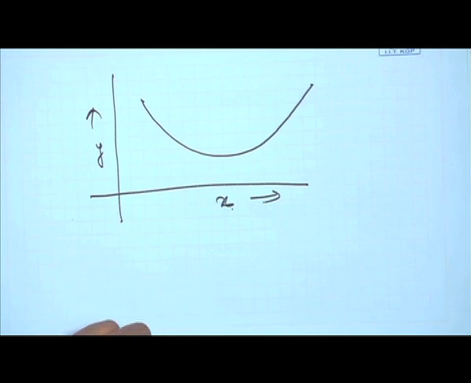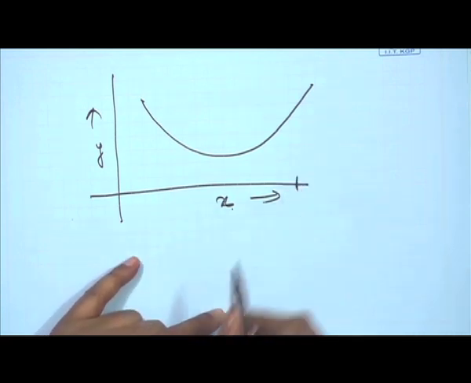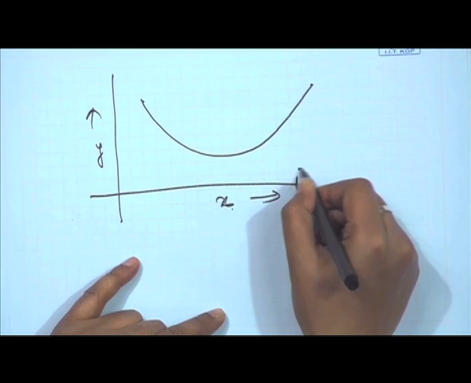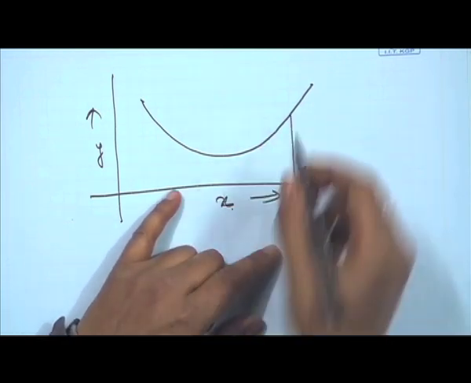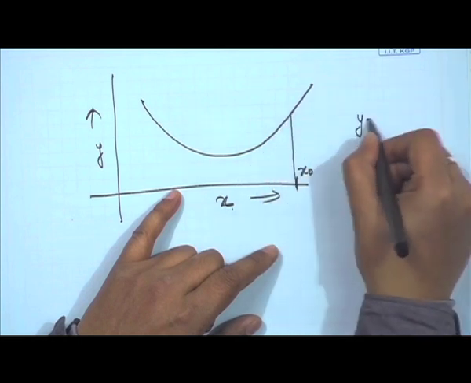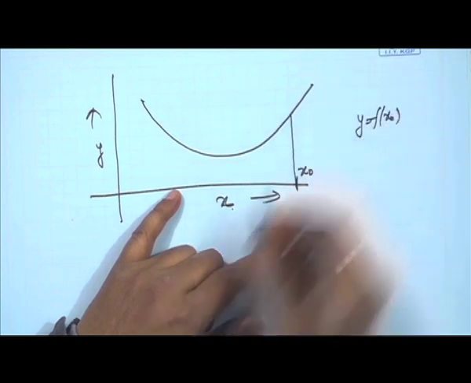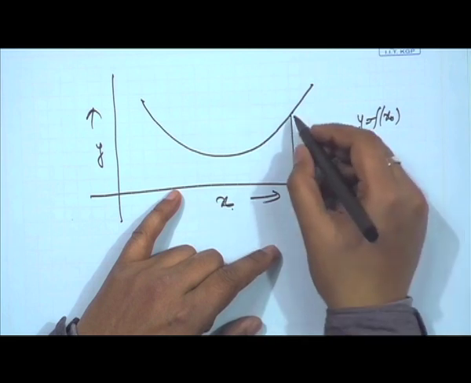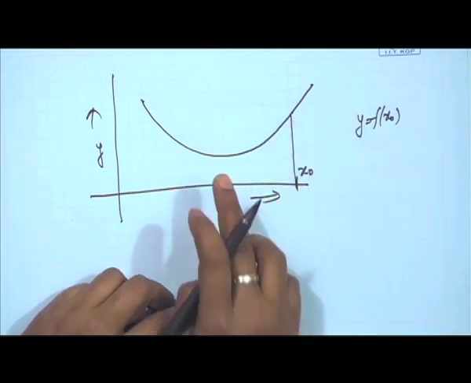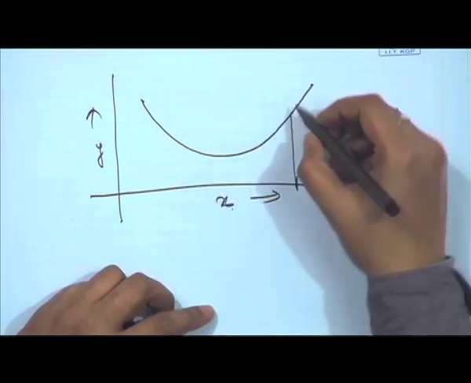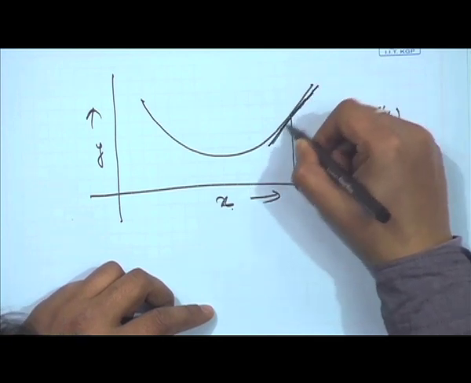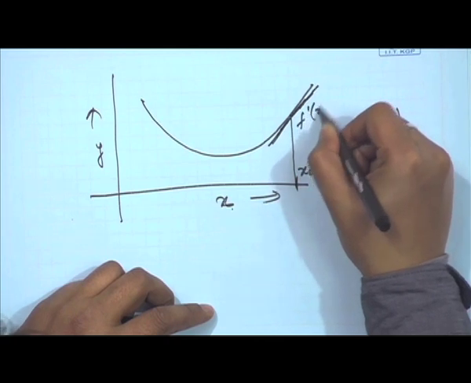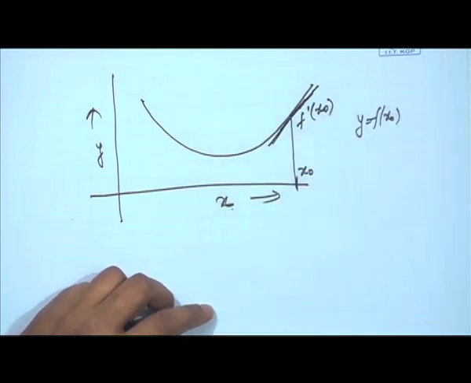So what I will do, I will start with any x. Suppose I am starting with this x0. I will find out the value of function. So I go to the function. So y is suppose f(x0). Now I want to know what is the value of x where this is minimized. So I will take the derivative of the function at this point, f prime at x0.